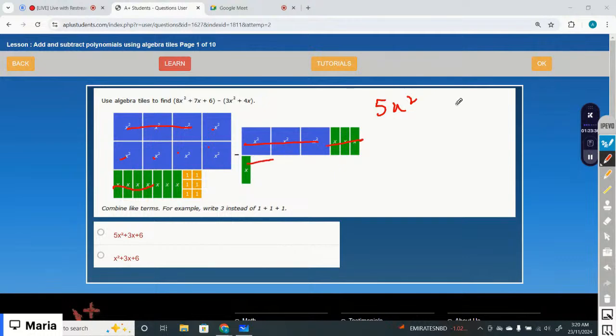So you are left with 3 tiles here. Plus 3x, and these tiles remain the same. So that is 5x square plus 3x plus 6 is the correct option.